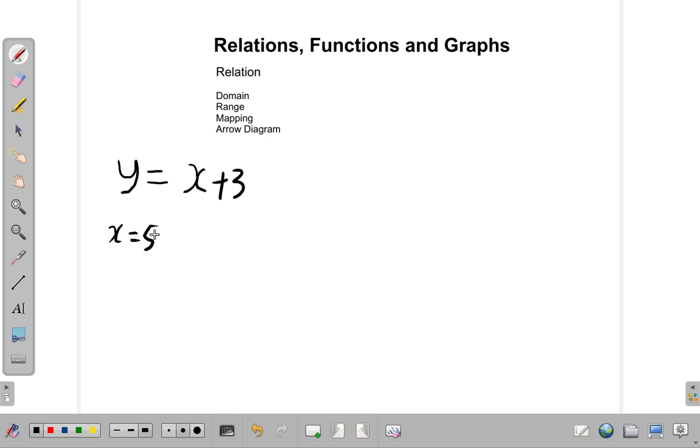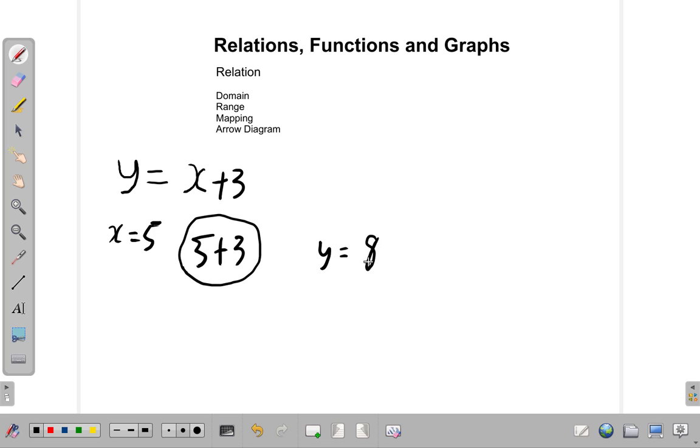Suppose x is equal to 5. Then what you have to do is say 5 plus 3. This is the rule. And what you get out for y is 8. So you have a relationship between them, right?